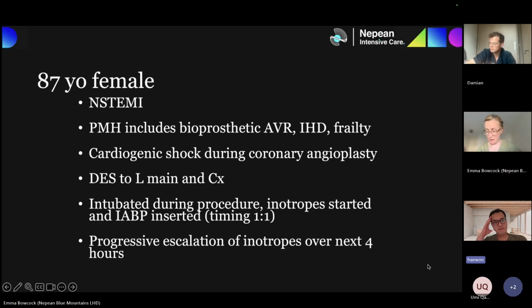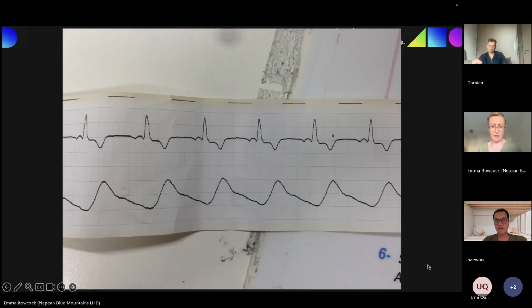Sure. So, an 87-year-old coming with non-STEMI, past medical history of bioprosthetic AVR, ischemic heart disease and frailty, cardiogenic shock during coronary angioplasty, and left main and circumflex have been stented. Patient is intubated on inotropes and IABP, with progressive escalation of inotropes over the next 4 hours. This is a balloon pump tracing showing lack of augmentation.